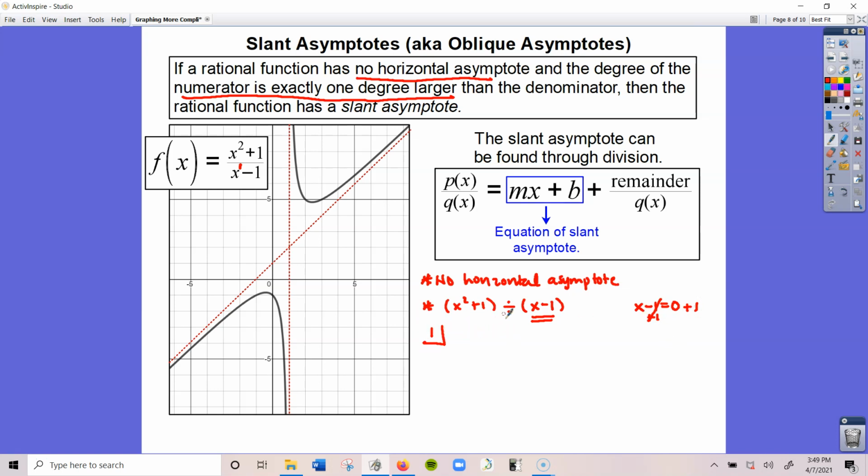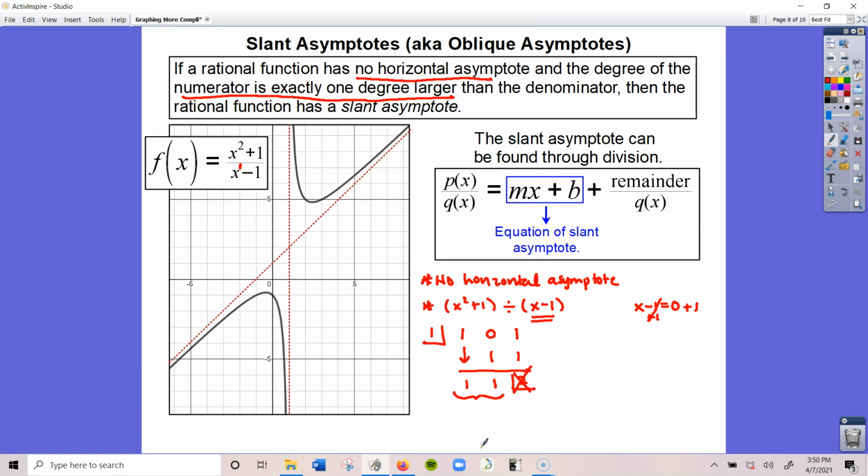Then you write the coefficients of the numerator, which starts with x squared, so that would just be 1. There is no x, so we put 0, and then the 1. Bring down the 1. 1 times 1 is 1. 0 plus 1 is 1. Times 1 is 1, and we get a remainder of 2. Now, when you're finding the slant asymptote, the remainder does not matter.